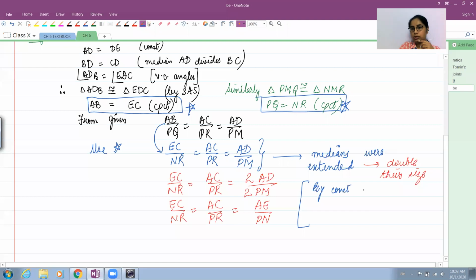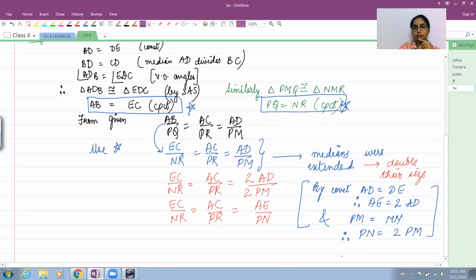By construction, AD is equal to DE. Therefore, AE is equal to 2 times AD. This is what I have used here. Any questions till this step?